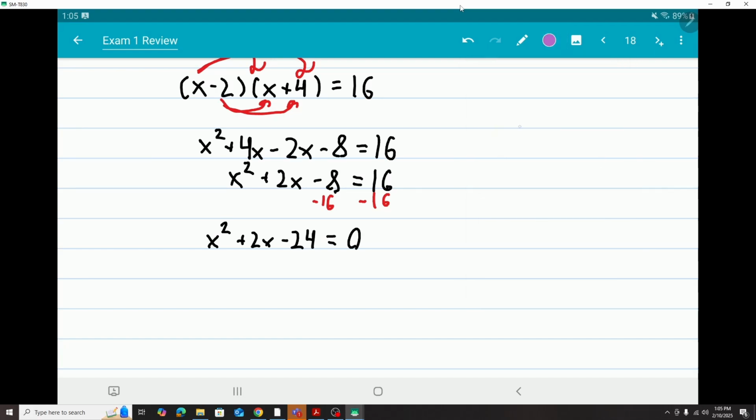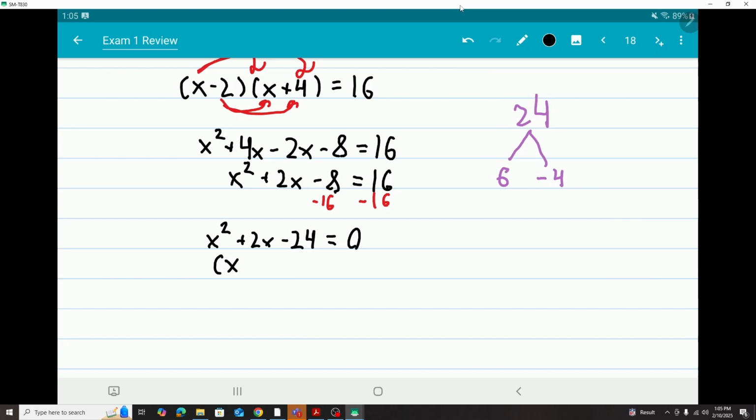So now I need to find two factors of 24 that multiply to be 24 and subtract to be 2. Subtract because this is a minus here, so they have to have different signs. And with a little bit of work, we get 6 and minus 4. So I plug those in.